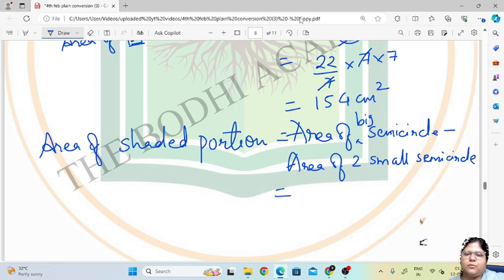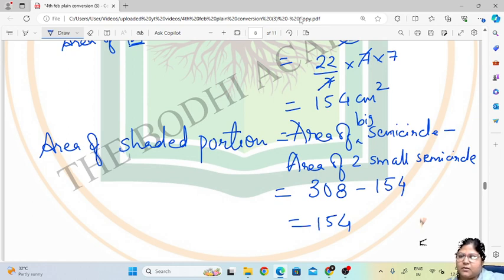Which gives you 308 minus 154. So it is 4, 10 minus 5 is 5, and then 3 minus 1, 2 minus 1 is 1. 154 centimeter square is the area of the shaded portion.